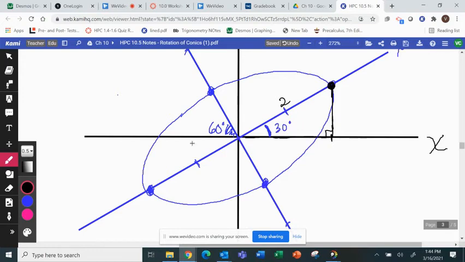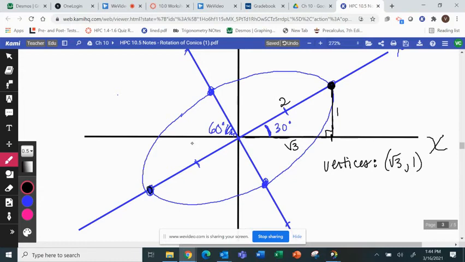And if this is 2, then this has to be square root 3 and this has to be 1. So if you know your special right triangle formulas, since this is a 30, I could find it that way. You don't have to do it that way. You can plug it into the conversion the way we did the first question, but I just want to show you other options. So if I do it this way, this vertex would be at square root 3, 1.